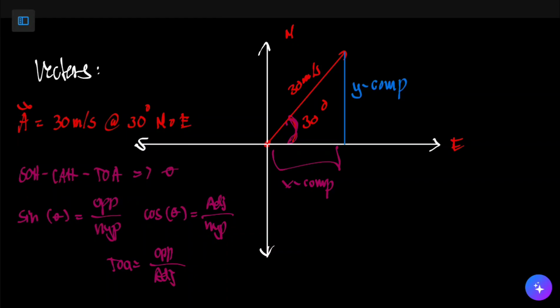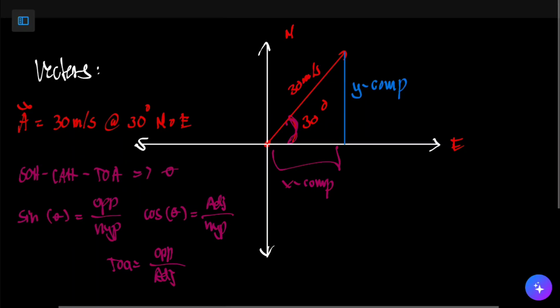So let's say you're finding the y component of your vector. You need to take a look at this. Which trigonometric ratio is applicable so that I can find the y component, given that I have an angle and I also have the value of the hypotenuse, which is our vector?